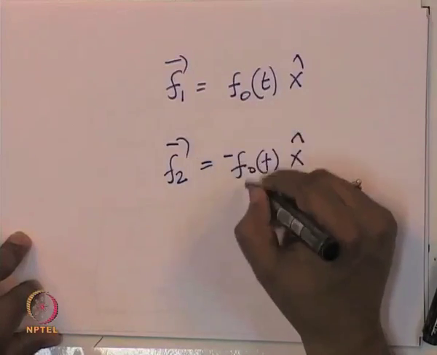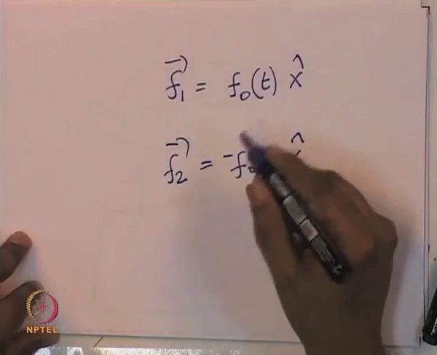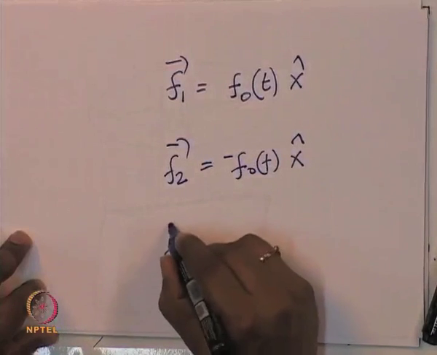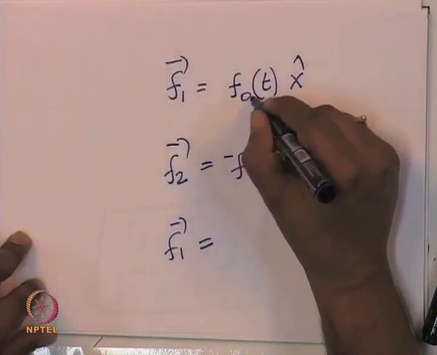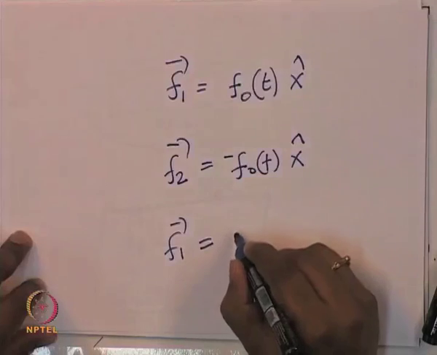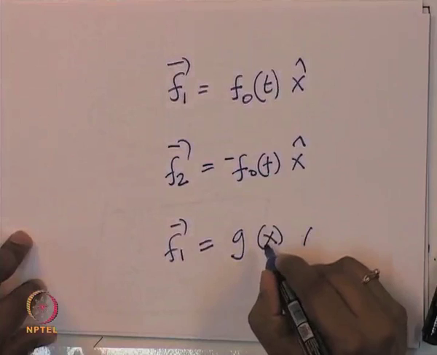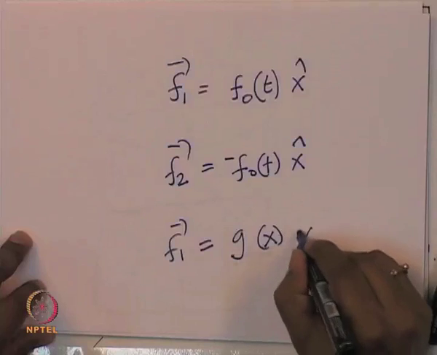You need not even have F 0 in both. F 0 is just notation, it does not mean anything else. You can call this some function g of t. It can be g of x and t in principle, along x cap.